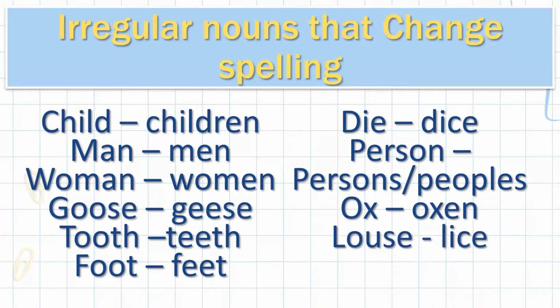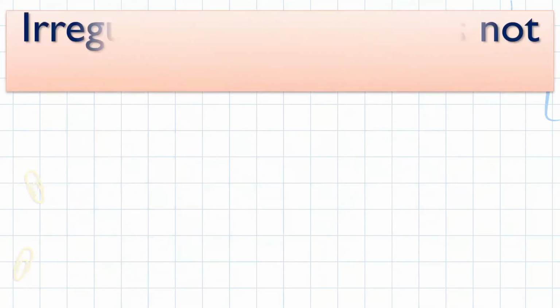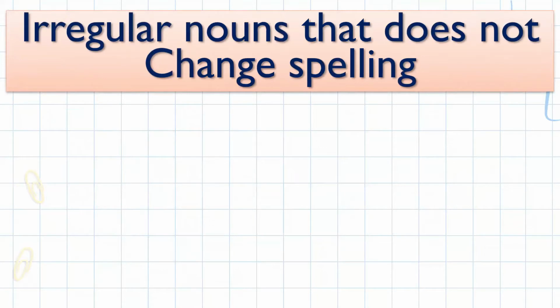Still, there are irregular nouns that do not change their spelling. These are examples of nouns that do not change their spelling.